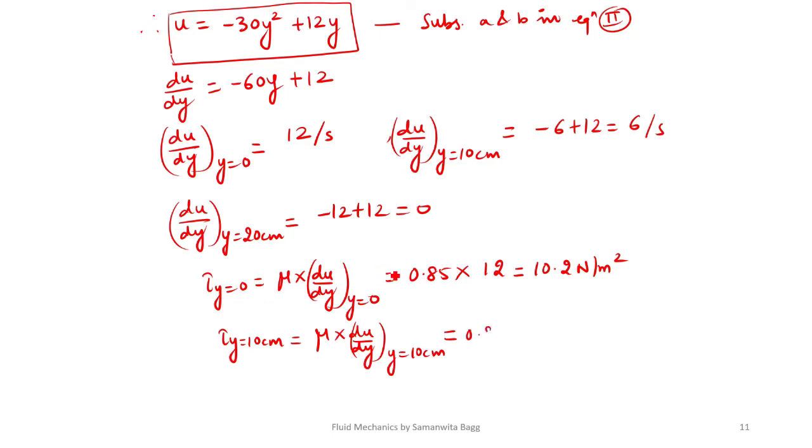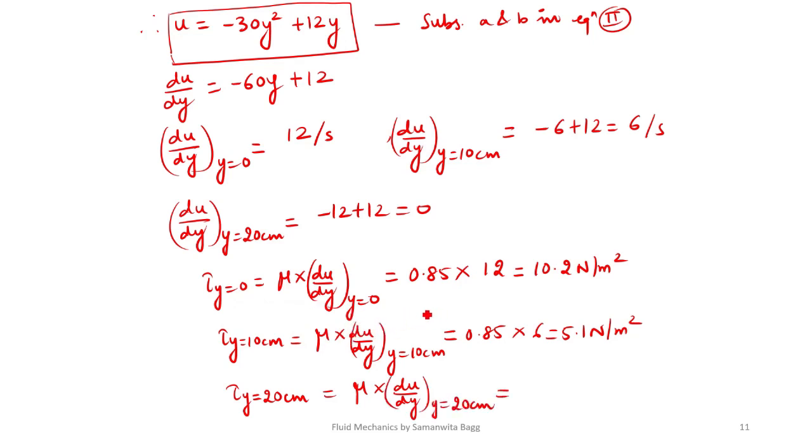This becomes 0.85 into 6, that is 5.1 Newton per meter square. Last I'll calculate tau at y is 20 centimeter, which is mu into du by dy at y is 20 centimeter. So this becomes 0.85 into 0, that is 0.